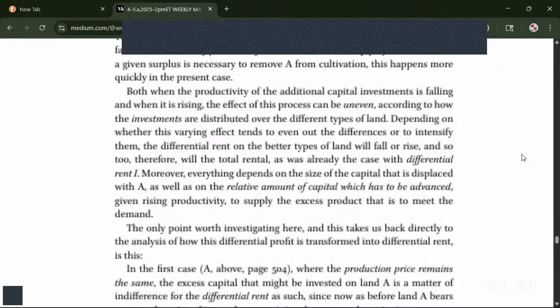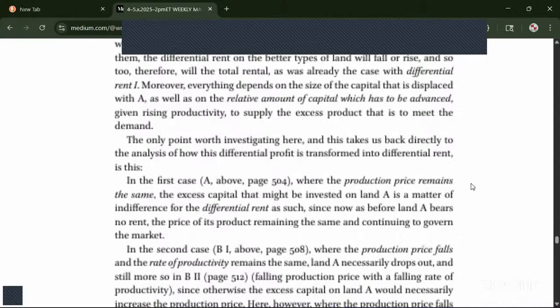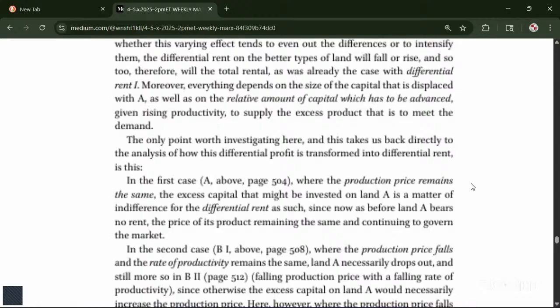The only point worth investigating here, and this takes us back directly to the analysis of how this differential profit is transformed into differential rent, is this. In the first case, A above, page 504, where the production price remains the same, the excess capital that might be invested on land A is a matter of indifference for the differential rent as such, since now, as before, land A bears no rent, the price of its product remaining the same and continuing to govern the market.